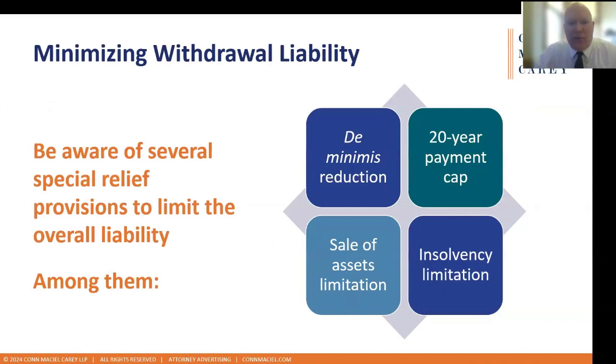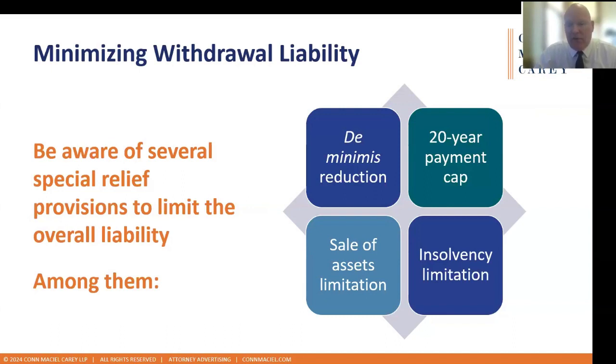These relief provisions, the deductions from the unfunded vested benefits, include all of these provisions here on this slide. The de minimis I've already mentioned. The 20-year payment cap, which is again the annual payment: they can only make you pay a set annual payment that's determined by a formula under the statute, and they can only make you pay that for 20 years.